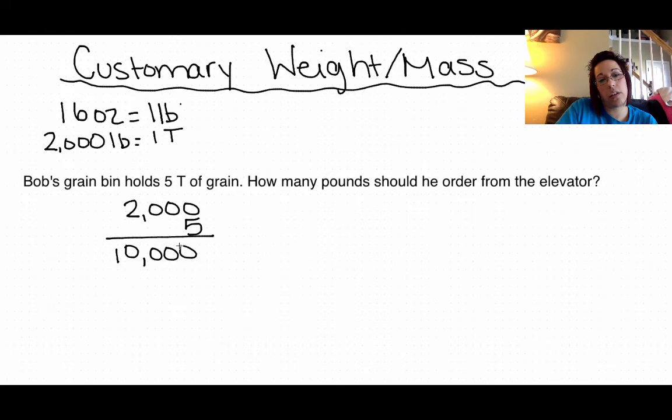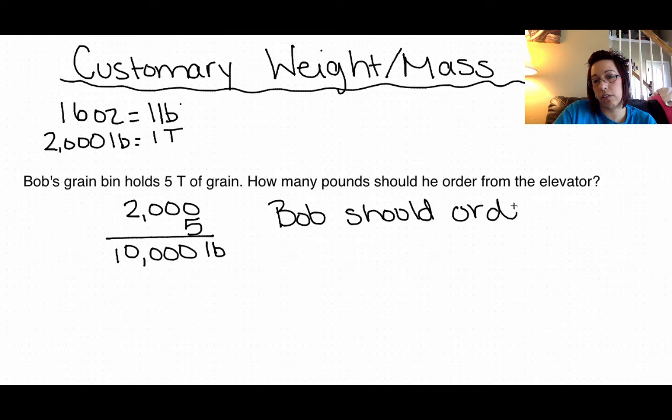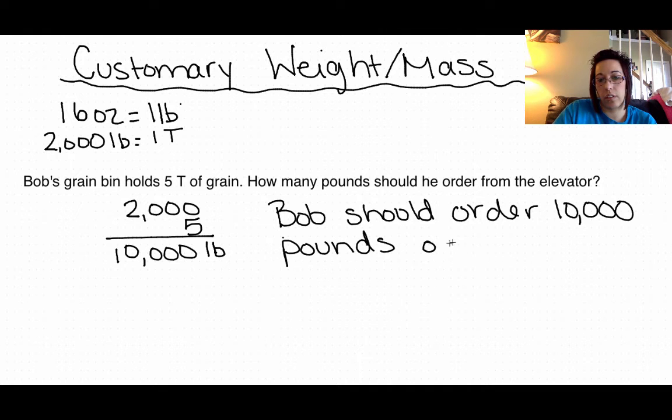That is 10,000, and Bob should order 10,000 pounds of grain. So let's go ahead and look at another example.